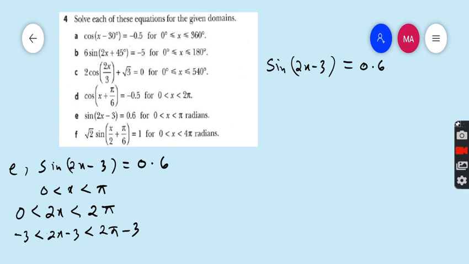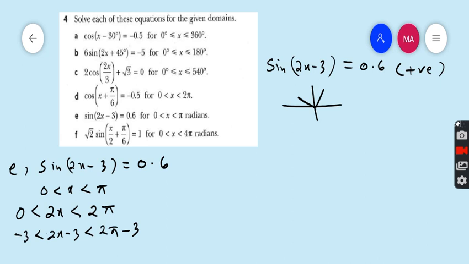The value of sine is given positive, and you know sine is positive in the first and second quadrants. In the first quadrant, the angle must be less than pi by 2. And in the second quadrant, the angle must be less than pi and greater than pi by 2.